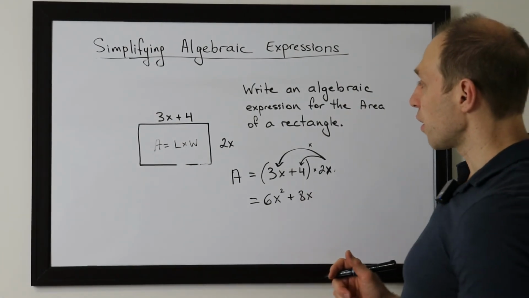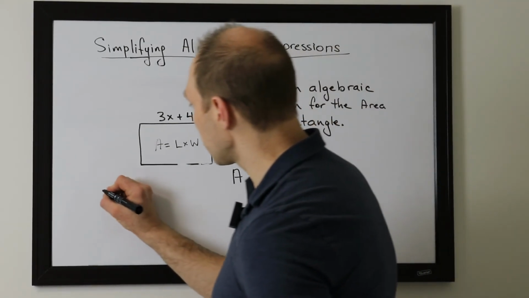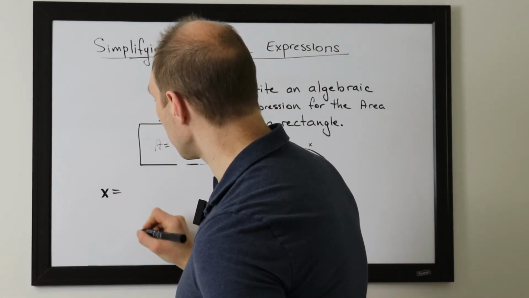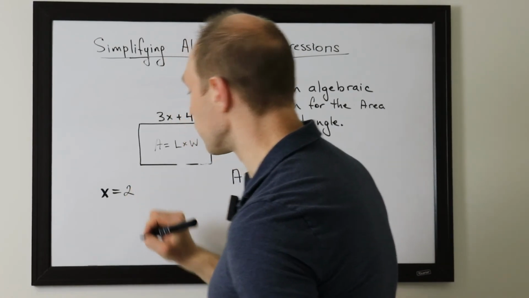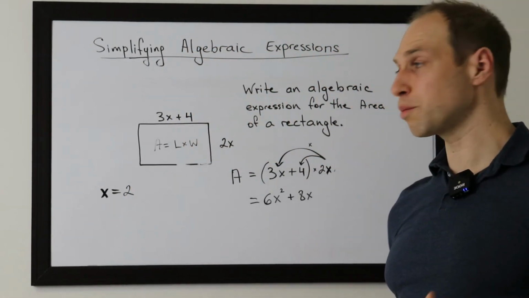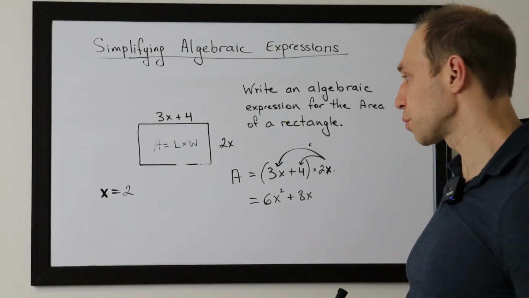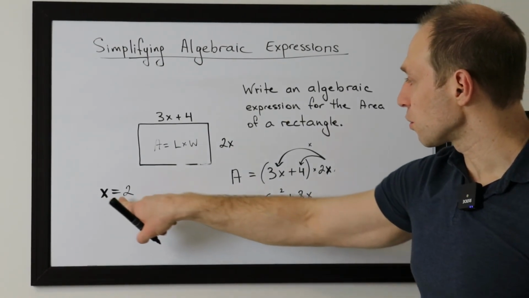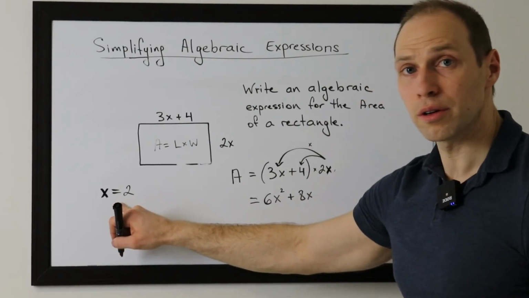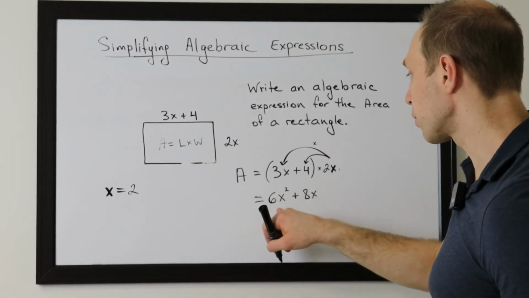Now, if I was to say that x represents a number and the number is 2, the question is, what would be the exact area of this swimming pool? All we have to do now is take our number 2 and plug it in for x.